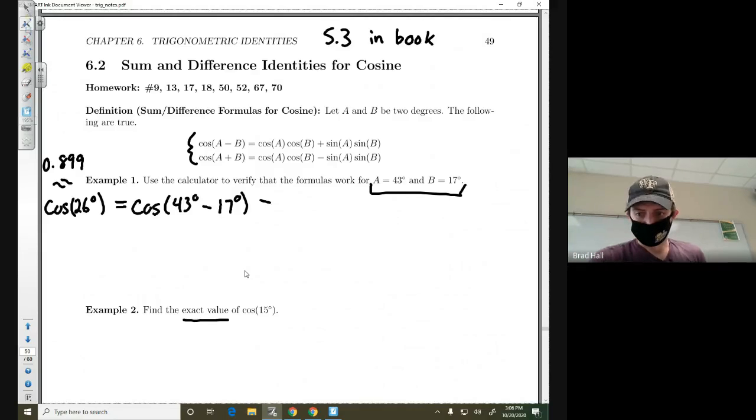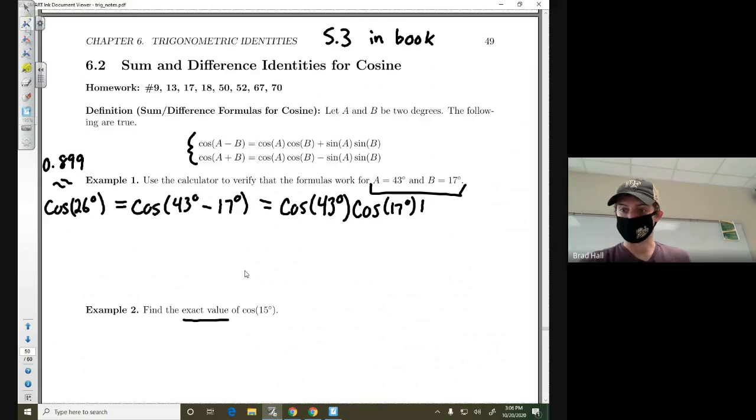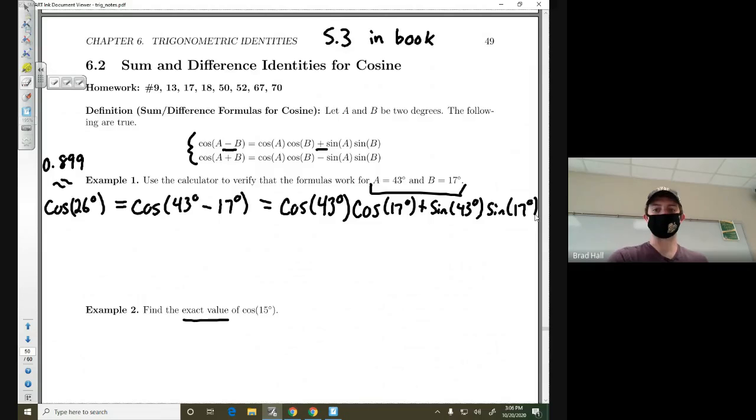If we apply the formula, we can write this equivalently as cosine of 43 degrees times cosine of 17 degrees, plus sine of 43 degrees times sine of 17 degrees. Notice the sign changes. There's a difference for the cosine of a minus b, and then the formula has a plus sign. Notice there's a switch there.